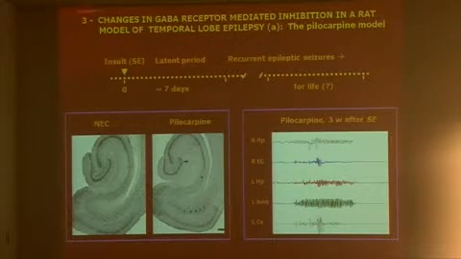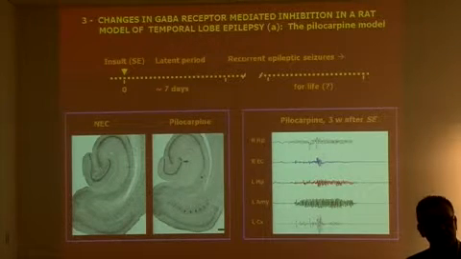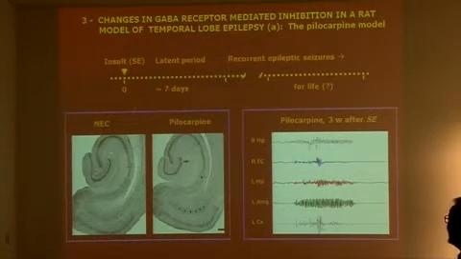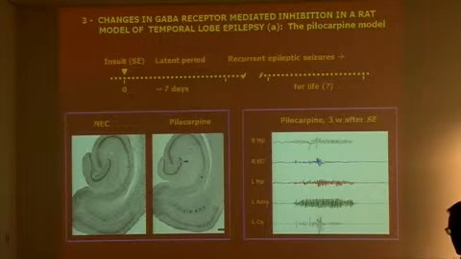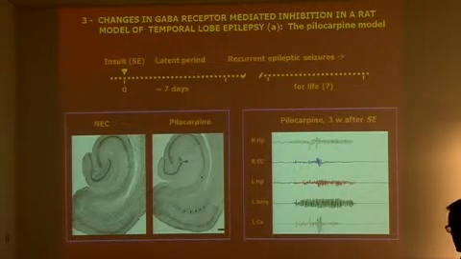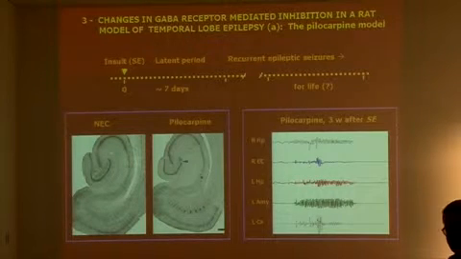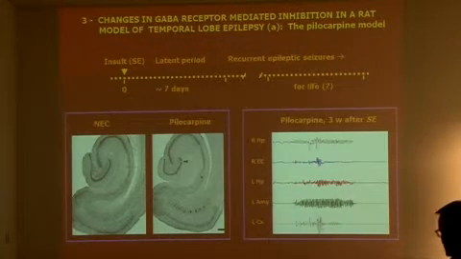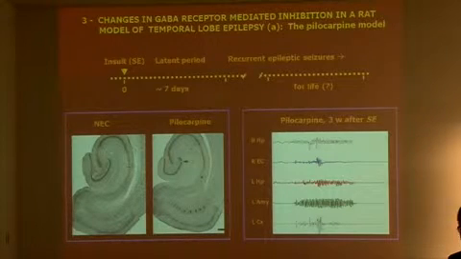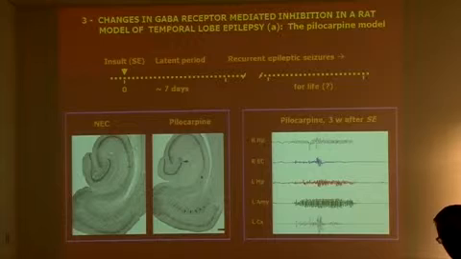Here is a general type of schema where you see the insult, status epilepticus, latent period, and then recurrent epileptic seizures. Now, you very well know that this is what happens with kainic acid injection, with pilocarpine injection, systemic or local, with continuous electrical stimulation, or with the kindling procedure, a bit different situation.